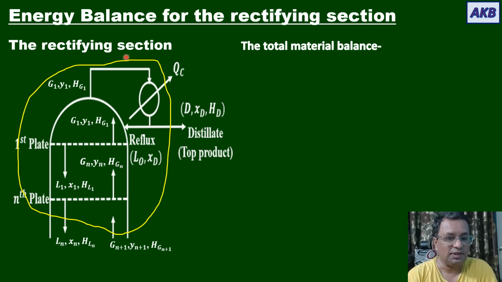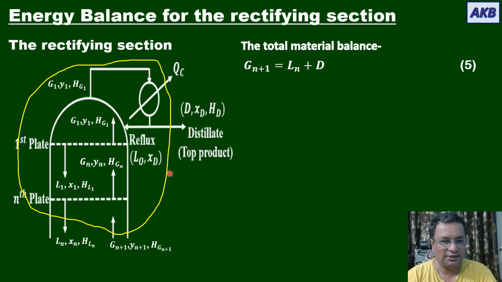So now let us first write the total material balance. Again, we are considering steady state material balance. Input is equal to output. This stream is coming in, so it will be Gn plus 1 is equal to Ln plus D. Ln is going out, D is going out, and Gn plus 1 is coming in.